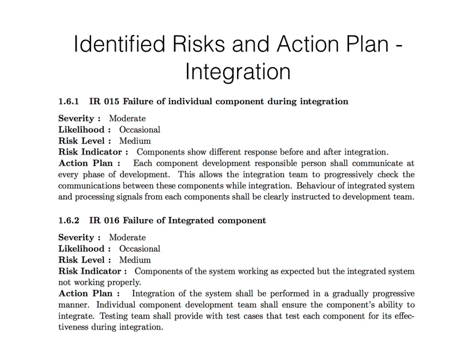The individual component development team must ensure that the component is ready to integrate, and the testing team should come out with test cases that will test the effectiveness of the component after integration.